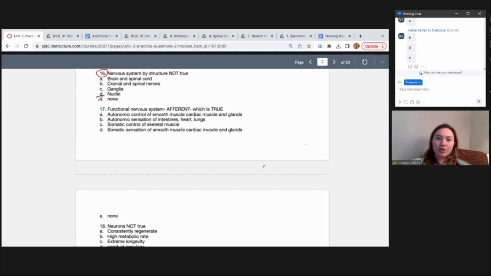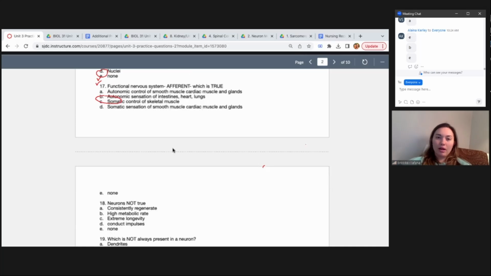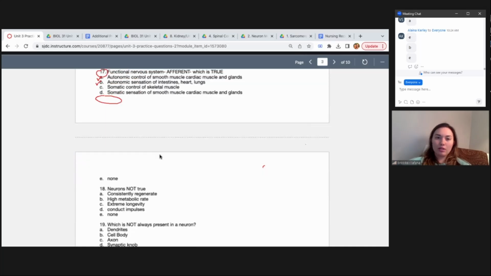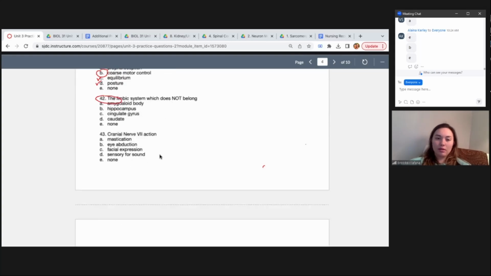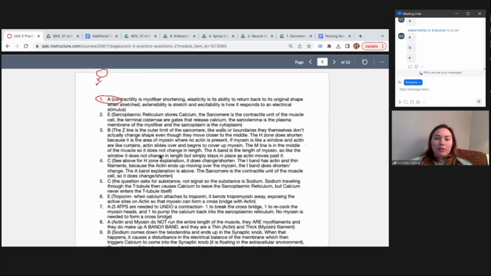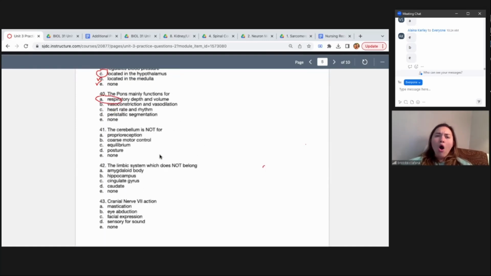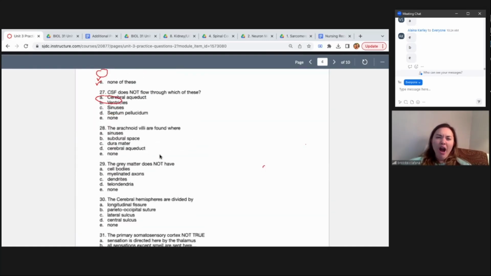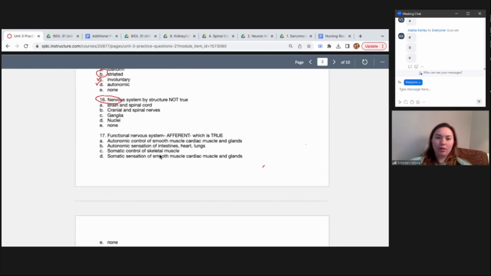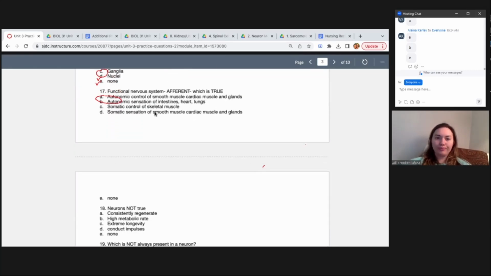So the answer here should be none, because the nervous system by structure constitutes the brain and the spinal cord and everything that comes off of it. Nervous system by function is afferent, efferent, etc. Let me go check just to make sure 16 is E. Sometimes I like to double check. Yeah, so E, all are a part of the structure.